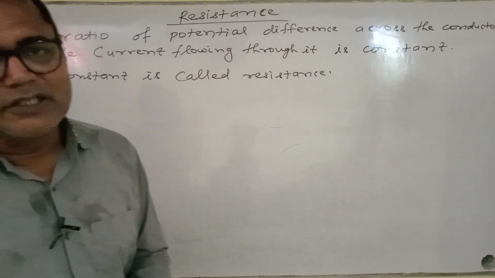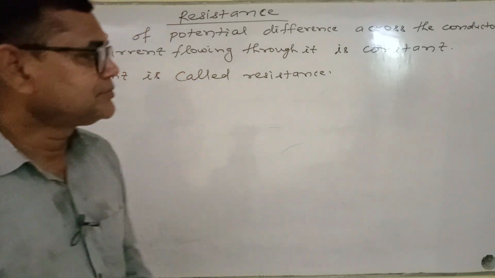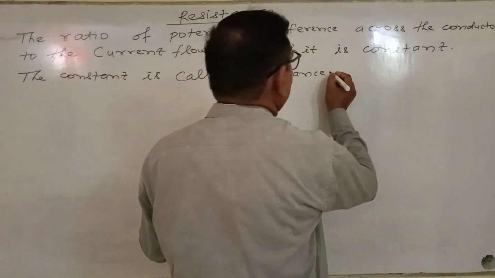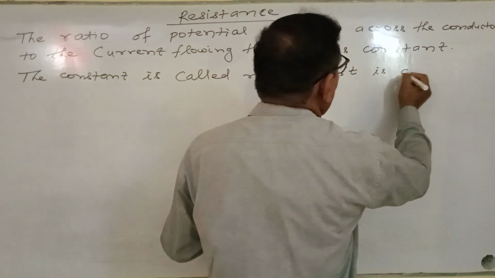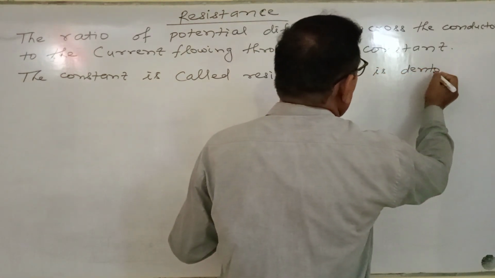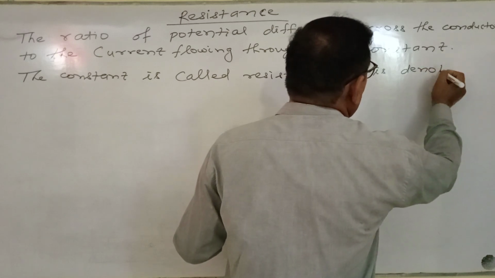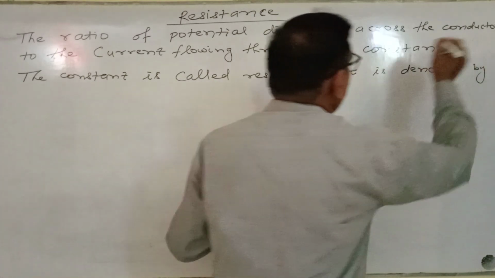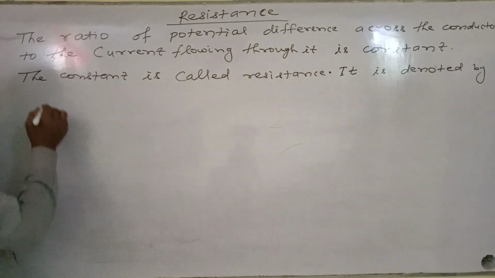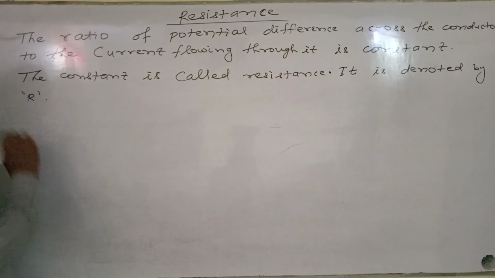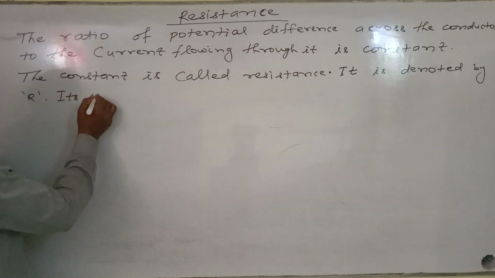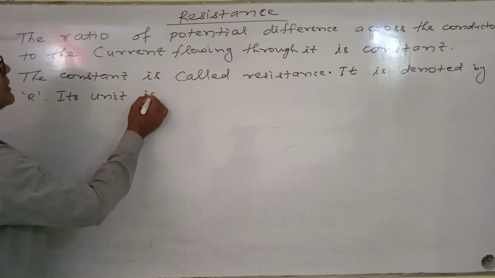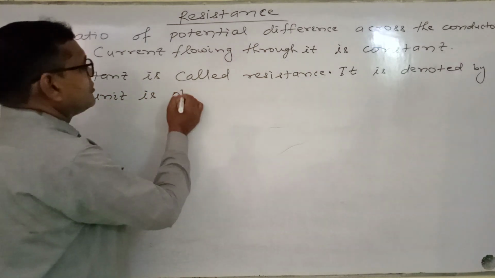The constant is called resistance. It is denoted by R. Its unit is ohm.